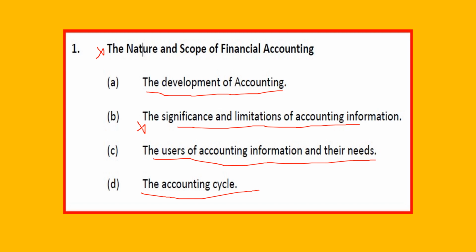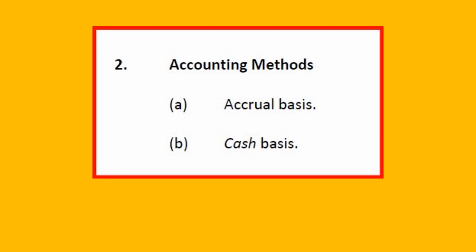Okay, let's move on to the second topic, the accounting methods. The 2 accounting methods that we have to look at are the accrual basis of accounting and the cash basis of accounting. The normal thing they ask for here is to contrast these two.